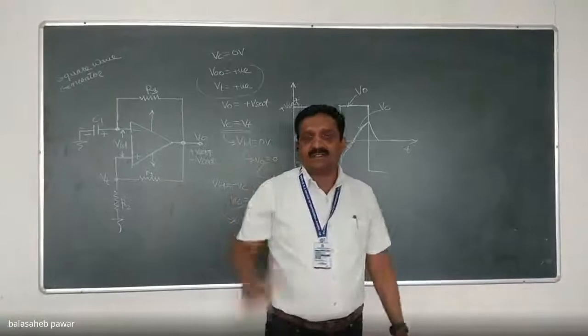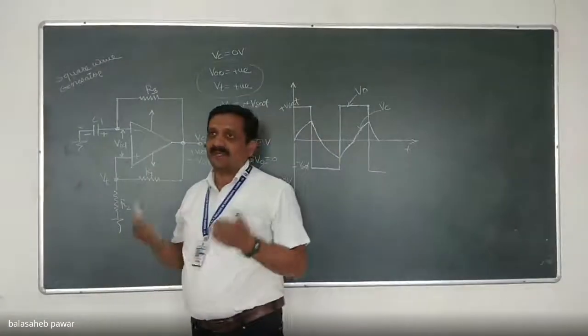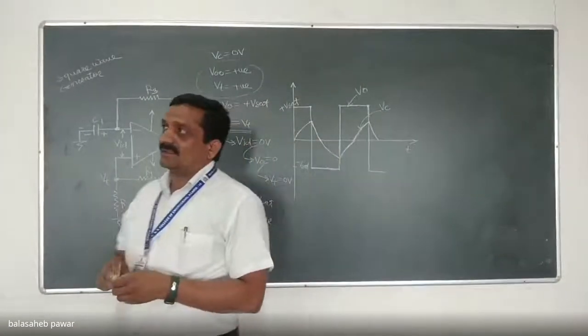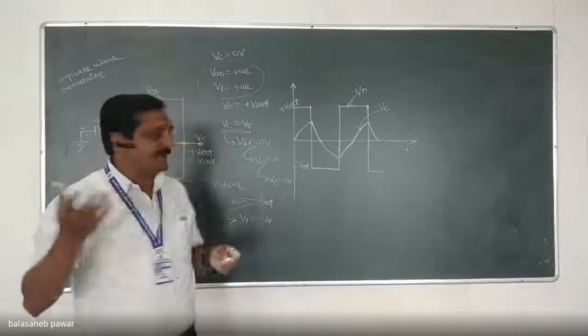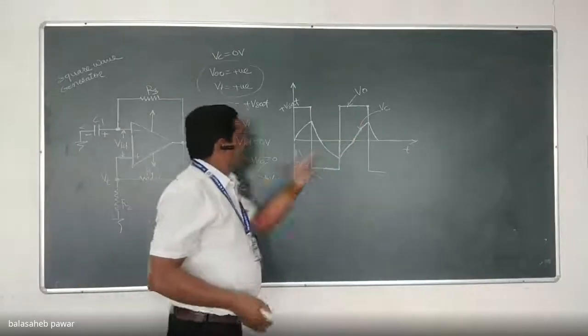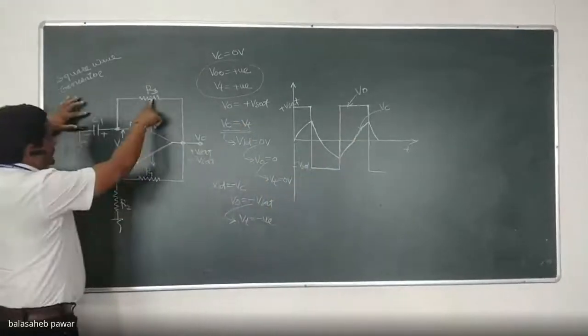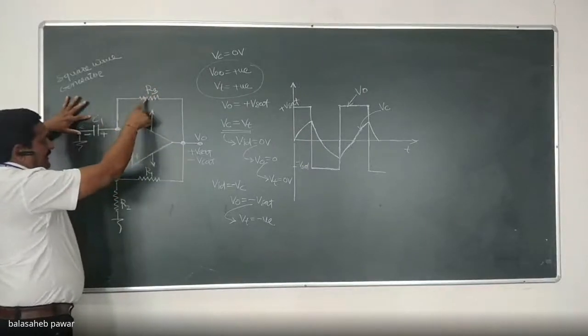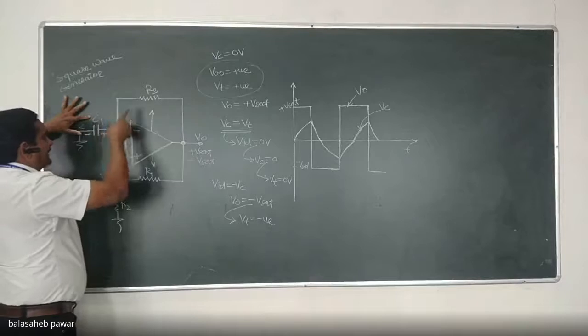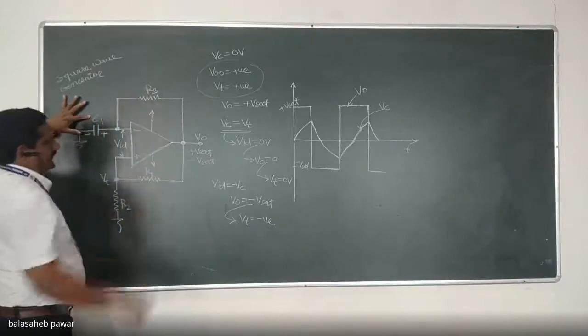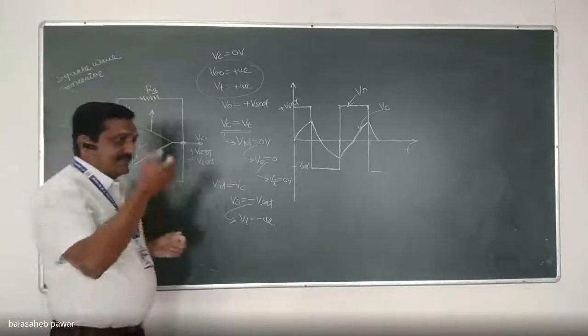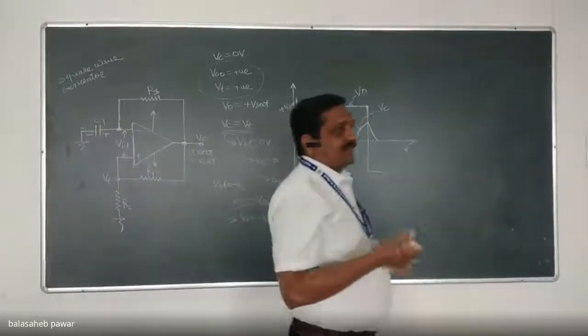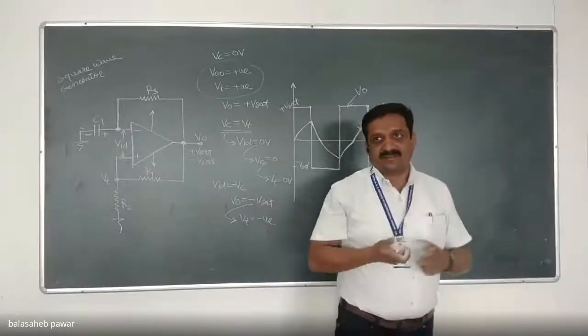Its T on and T off are equal, right? But that T on and T off get decided by the RC time constant of R3 and C1, because the capacitor gets charged through R3 as well as discharged through R3 only. So the charging and discharging time decides the on and off period.